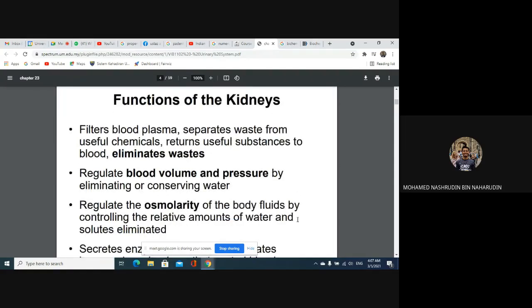First of all, before we go to the processes, let's see the definition or the function of the kidneys. What are the functions of the kidneys? Okay, so for urination, the kidney is the organ involved in the process.